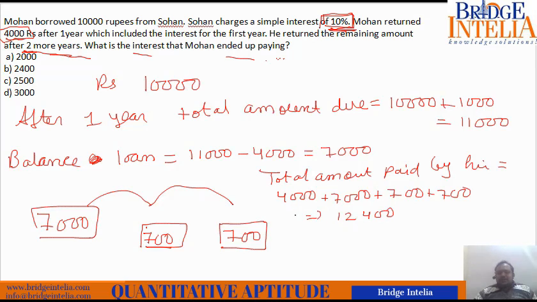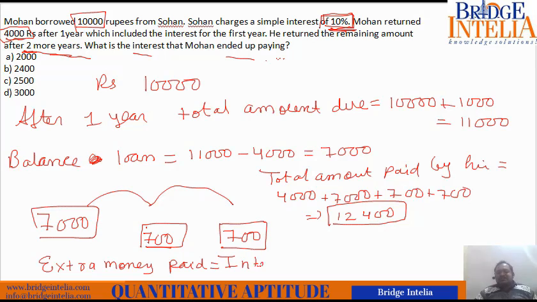So how much has he borrowed? He borrowed 10,000, but he paid back 12,400. So extra money paid is what is technically known as interest, total interest. So that is equal to 12,400 minus 10,000. This comes out to be equal to 2,400. So 2,400 is the final answer.